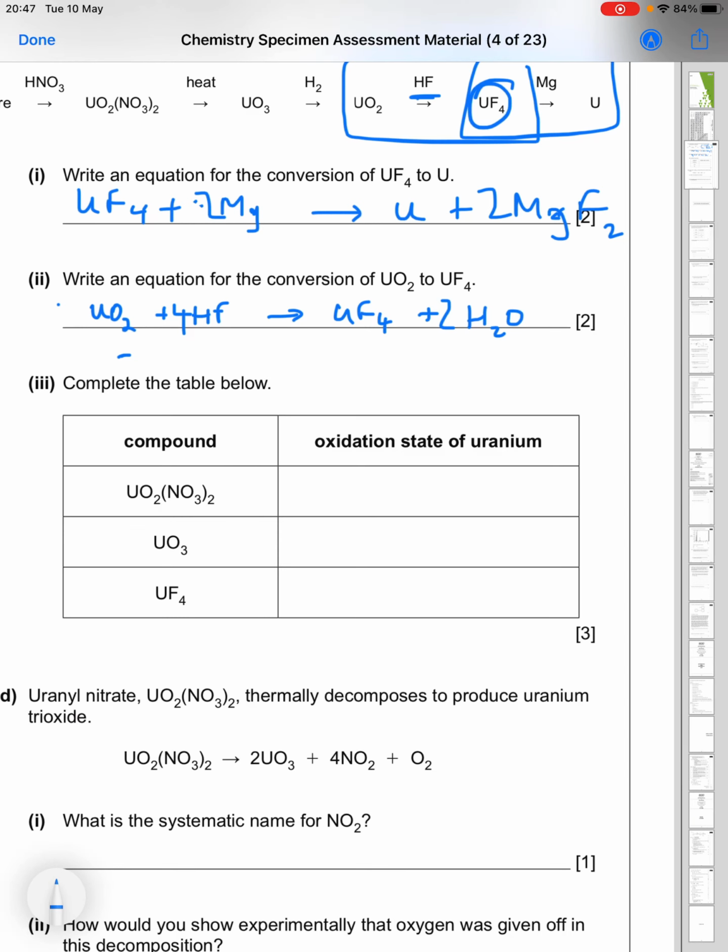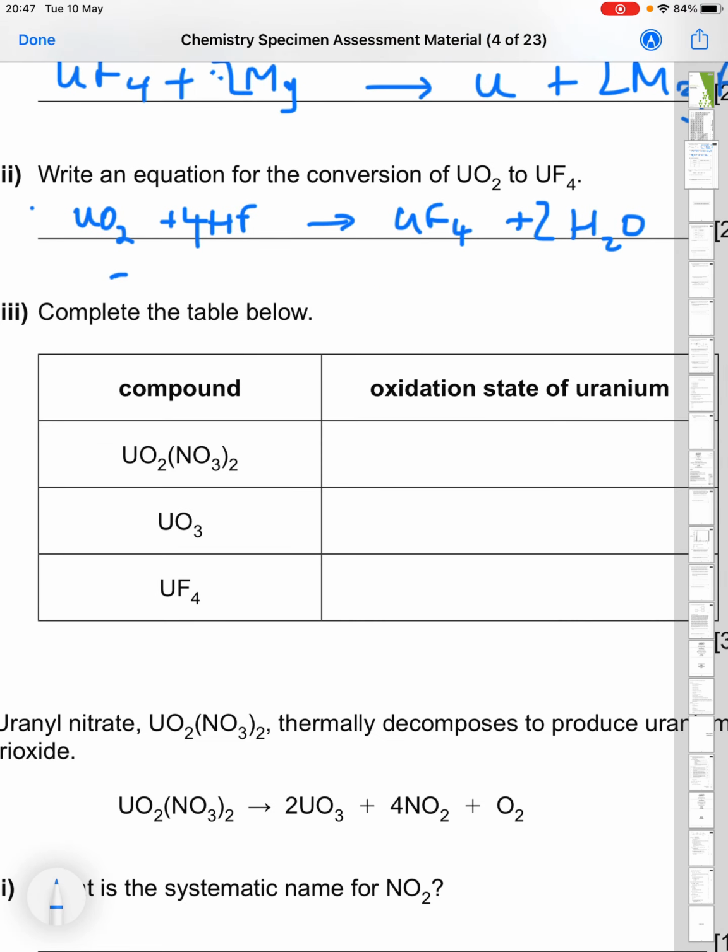Now, oxidation state of uranium, complete the table. Right, let's do the easy one first. So UF4, fluorine is -1, so -4 for the fluorine, so that means uranium is +4. In this case, we've got 3 oxygens, so 3 times -2, which is -6. So that means it has to be +6. And then the hardest one at the end, so if you're in any doubt, you can work out nitrate.